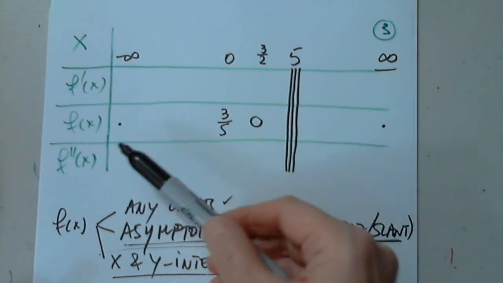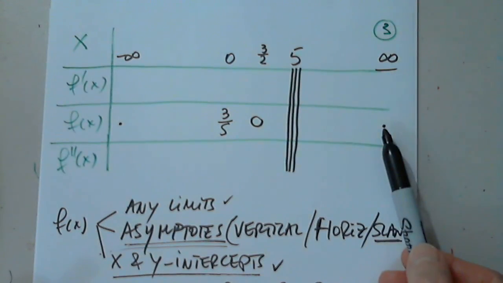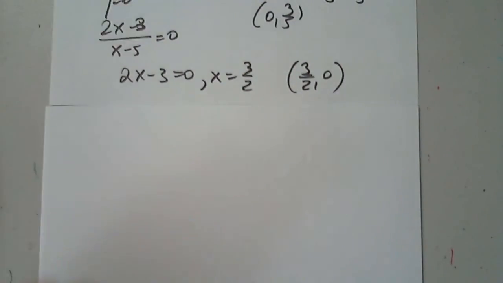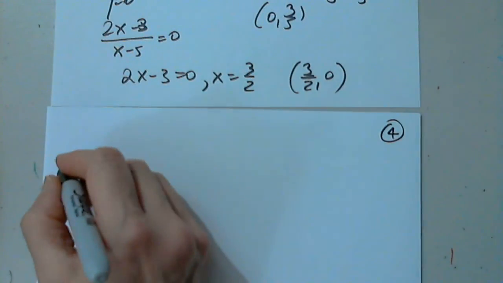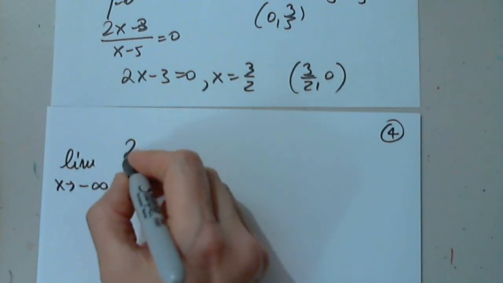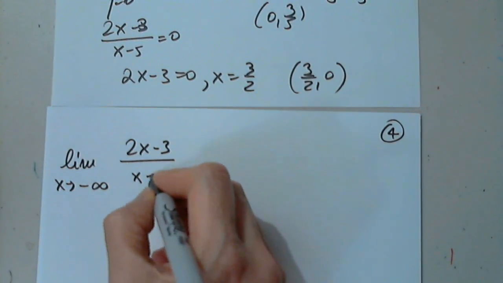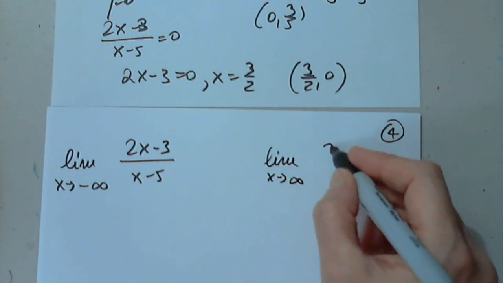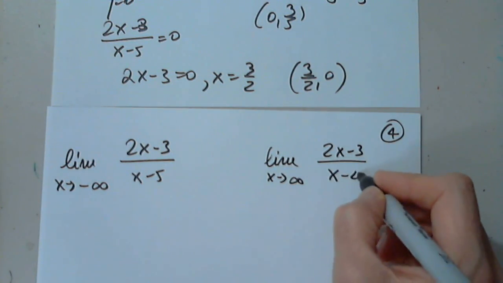Then the limit of the function as x approaches infinity and put it here. So that's our next step. Limit as x approaches negative infinity of 2x minus 3 over x minus 5. And then limit as x approaches infinity of 2x minus 3 over x minus 5.